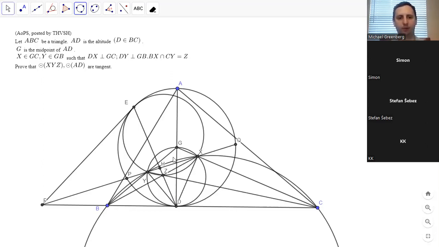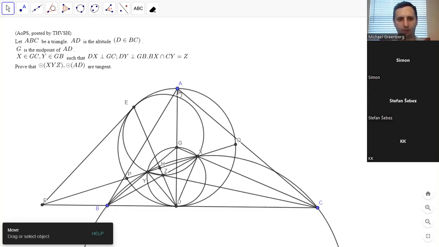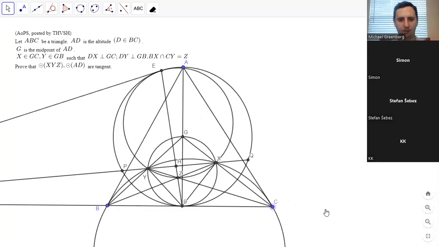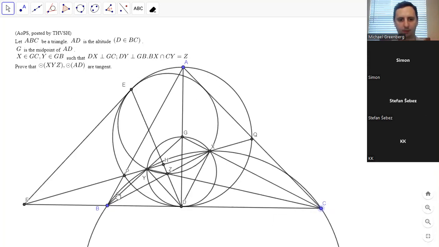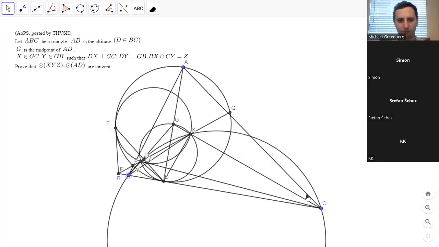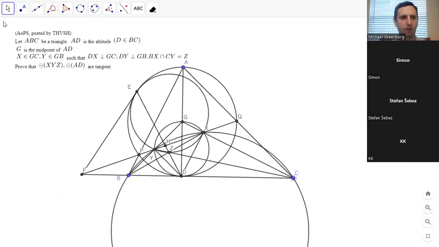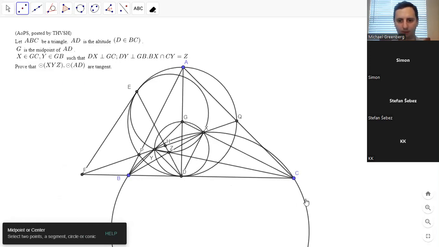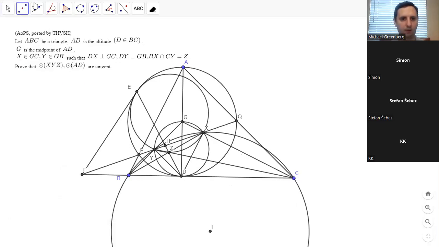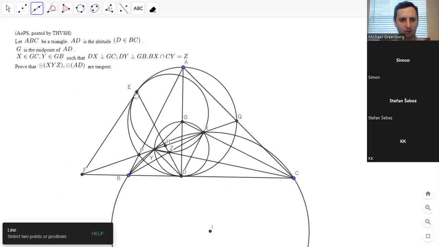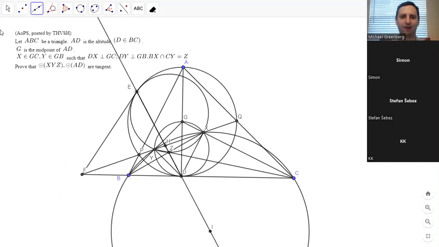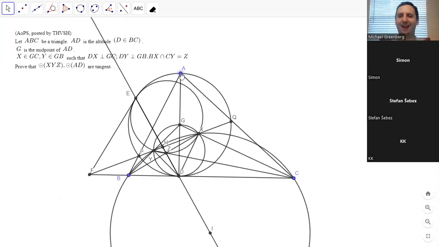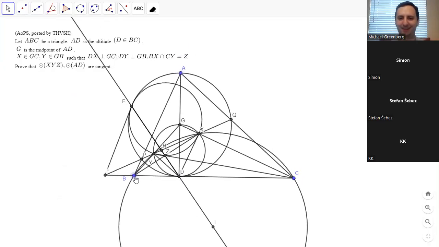Definitely. And I wonder if this passes through the center of that circle. It's going to be a little bit hard to draw, but let me just check if it's true, because then we might be able to use Brocard's theorem or something like that. Yeah. Okay. I get really lucky with my guessing, right?